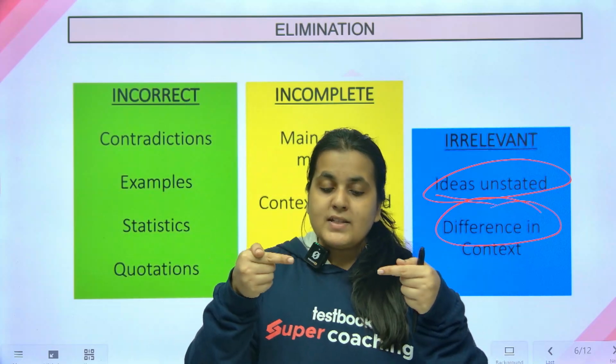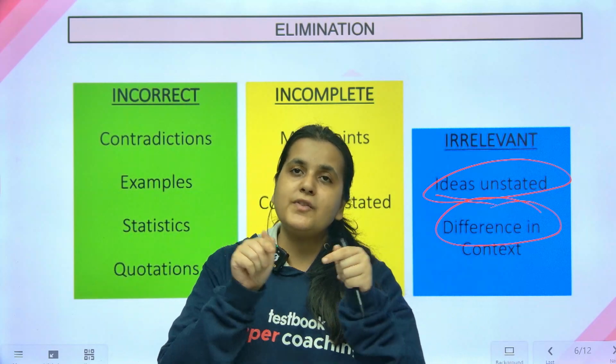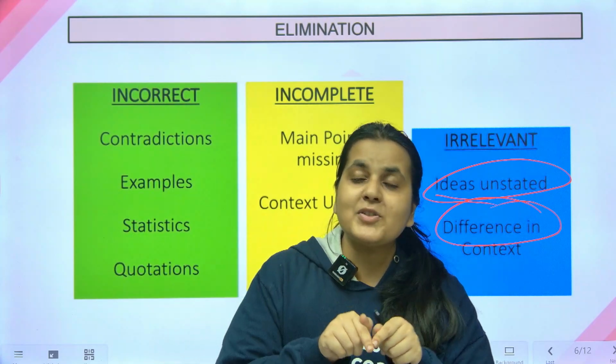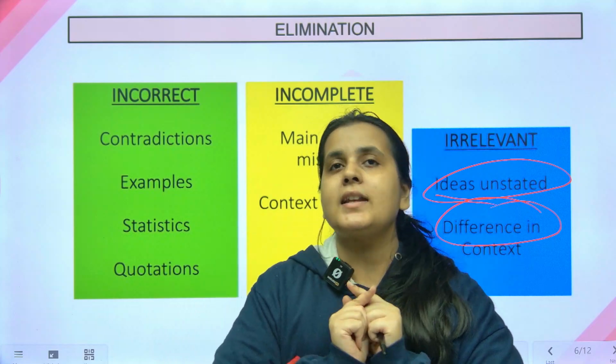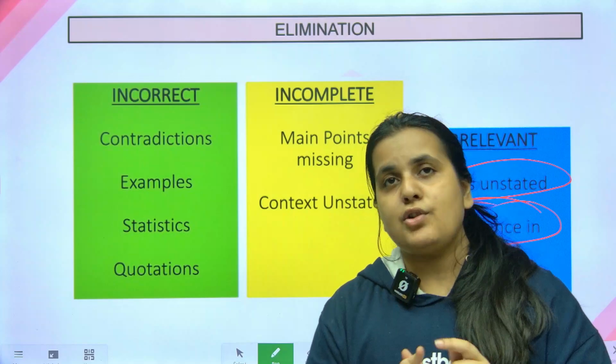So two lines which are given separately in the para, and you made a relationship between them, a cause and effect relationship, or connected those two points to present them differently, that's called a distortion. So eliminate any option which is a distortion.